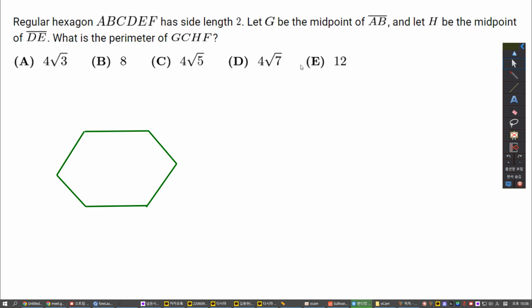And then, yeah, the vertices are A to F, and G is the midpoint of AB, and H is the midpoint of DE.